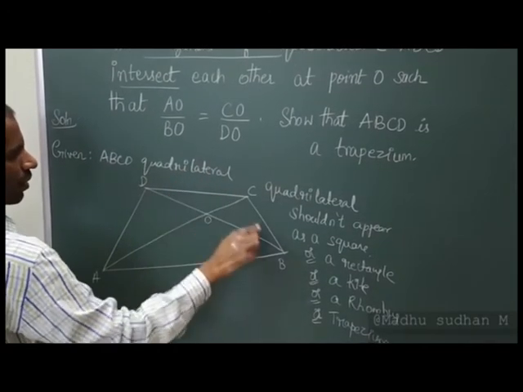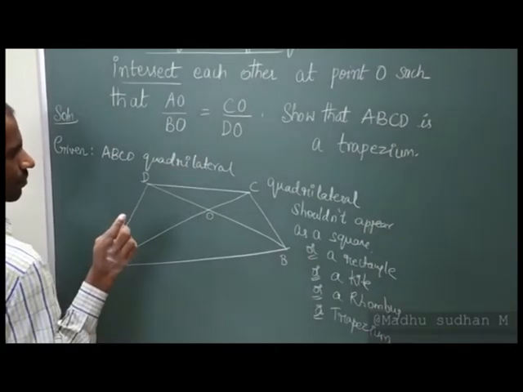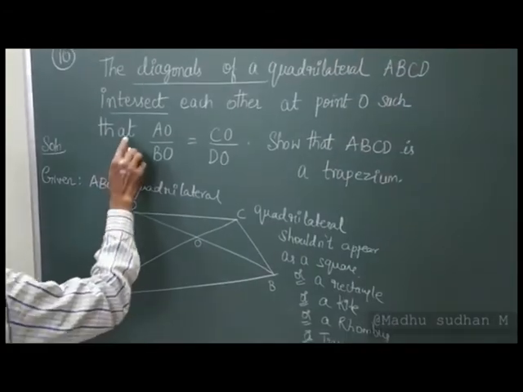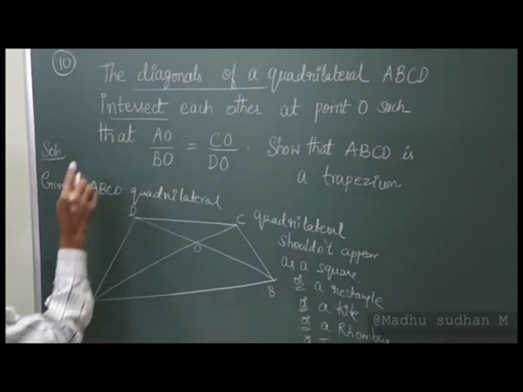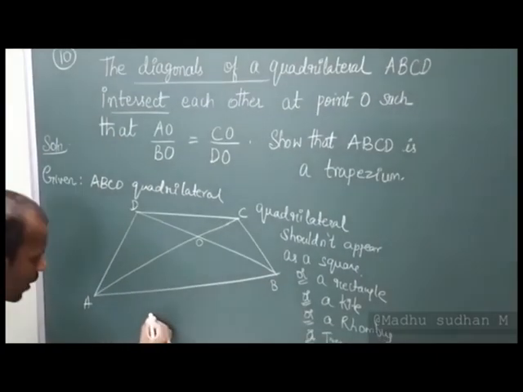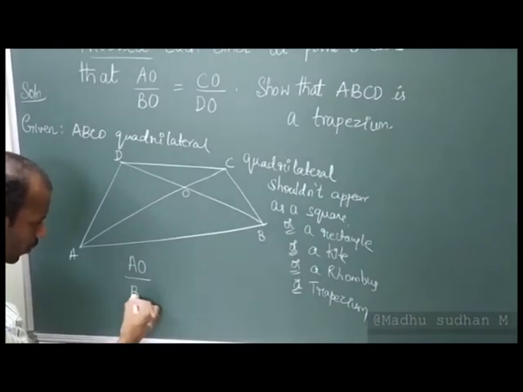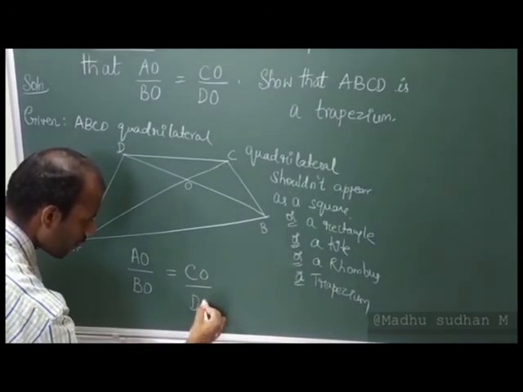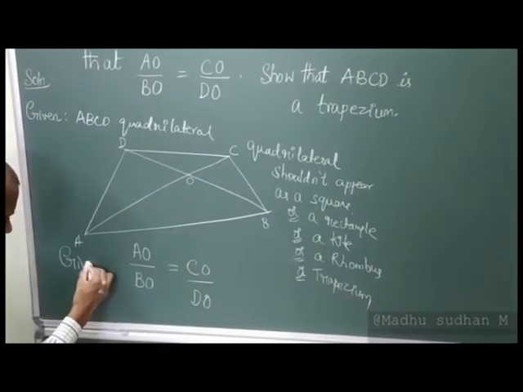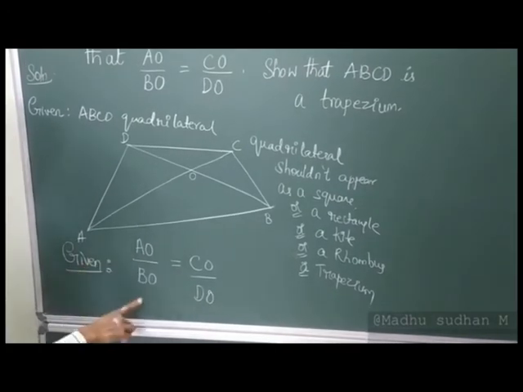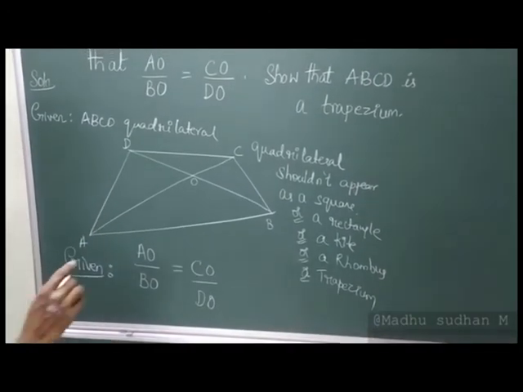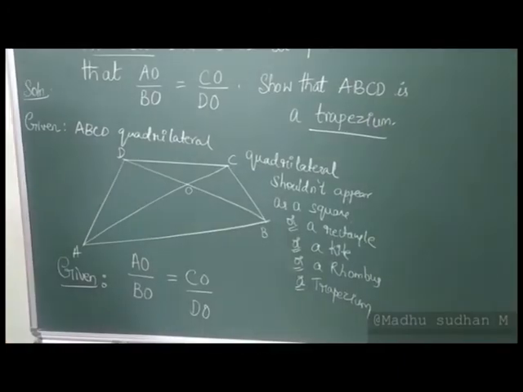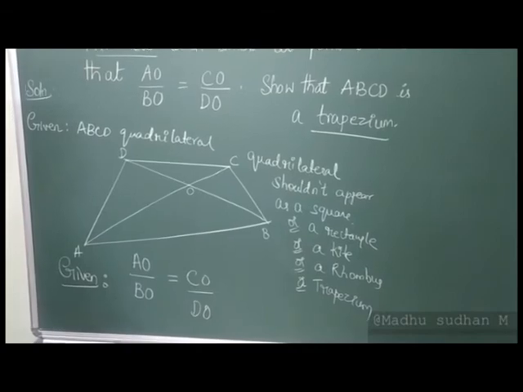It is bound by 4 line segments. ABCD quadrilateral, diagonals intersect each other at point O such that AO by BO is equal to CO by DO. This is also under the given part. They have given these two. We need to show that ABCD is a trapezium.